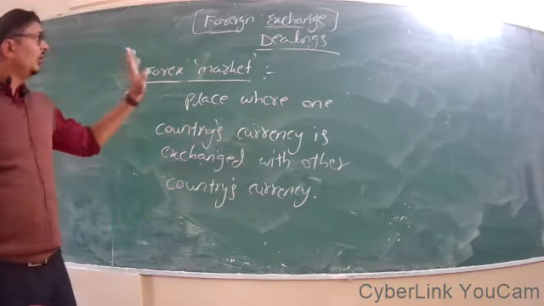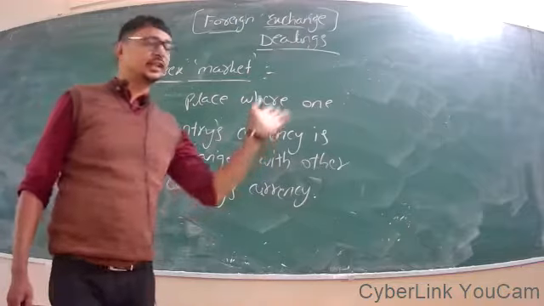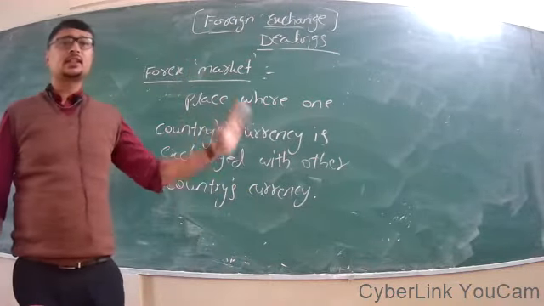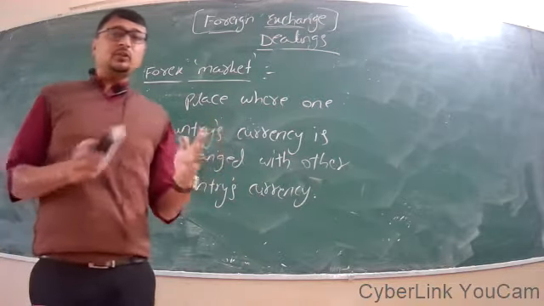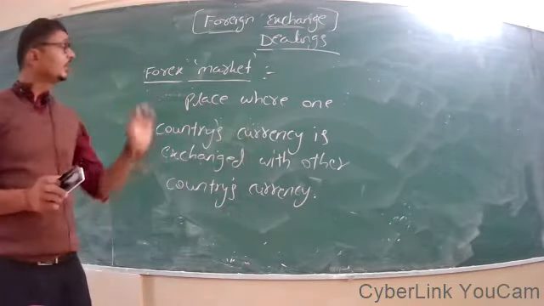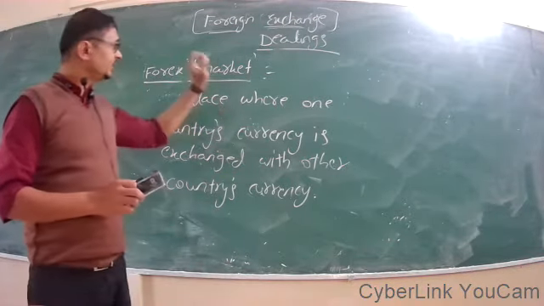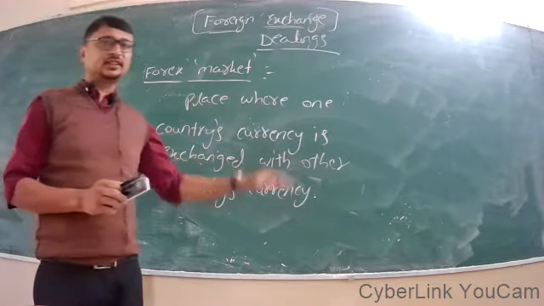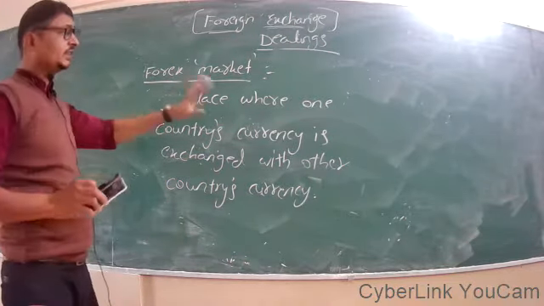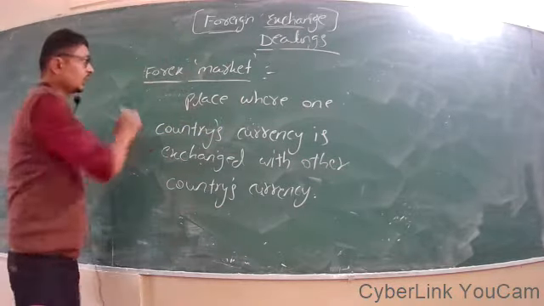Earlier, foreign exchange means exchanging of one country's currency with the other country's currency. Second thing is foreign exchange rate, that means the rate at which one country's currency is exchanged with the other country's currency. The third definition is foreign exchange market. Market in the sense it is the place where one country's currency is being exchanged with the other country's currency. So these are the three important definitions related to this concept.